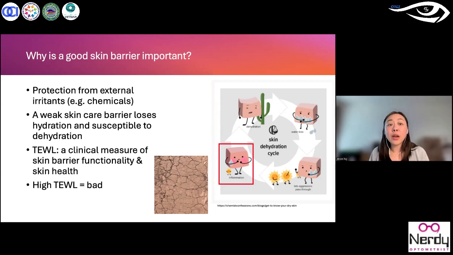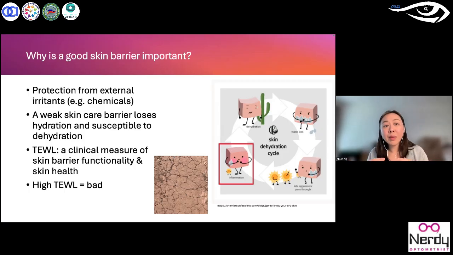For patients who have a poor skin barrier, or in studies testing transepidermal water loss, a higher value typically represents a poor skin barrier or poor skin functionality. We can then start to see things like cracking, dry, flaky skin, and it'll exacerbate things like fine lines and wrinkles for some patients.